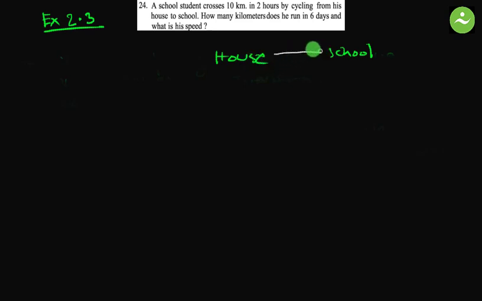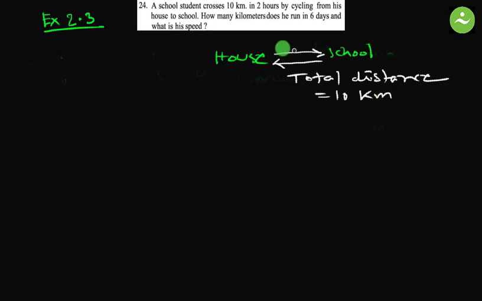He goes to school and comes back. Total distance he crosses is 10 kilometers. Distance is 10 kilometers. For going and for coming back together, total distance is 10 kilometers.